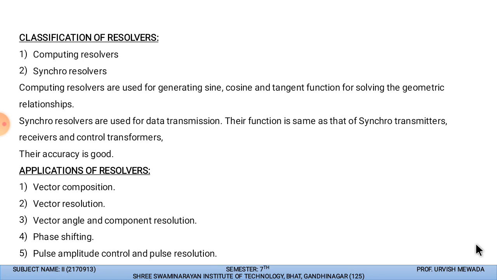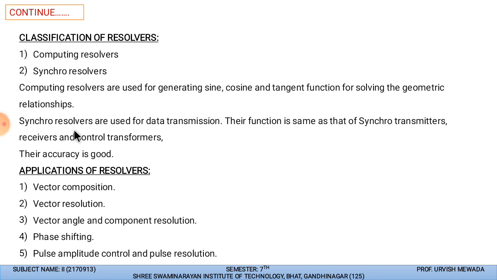The classification of resolvers has two types. First is computing resolvers, and second is synchro resolvers. Basically, computing resolvers are used for generating sine, cosine, and tangent functions for solving geometric relationships.